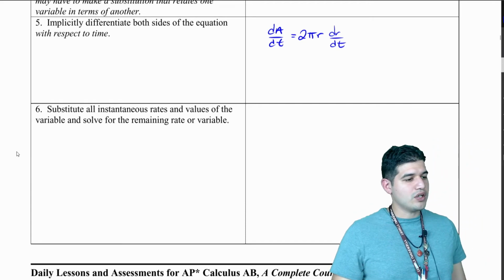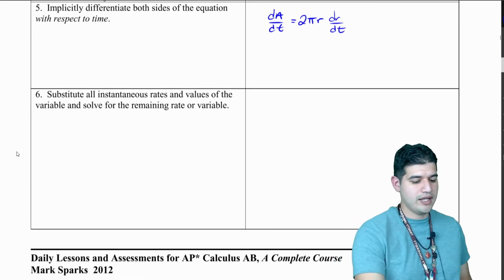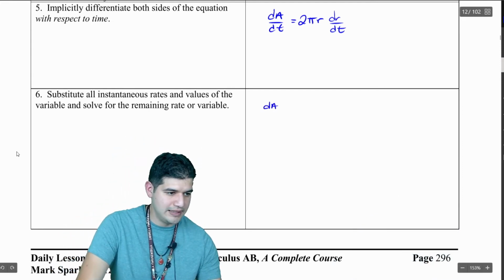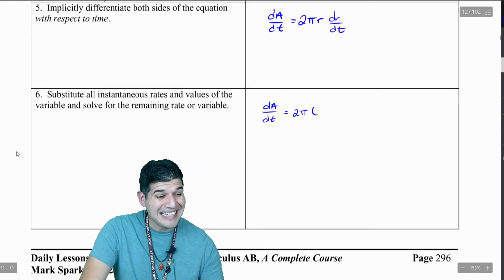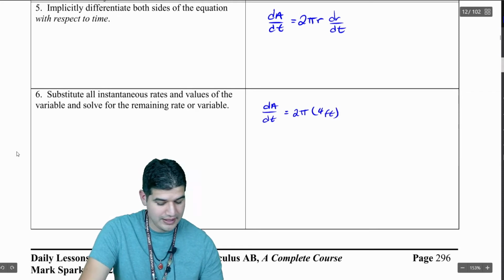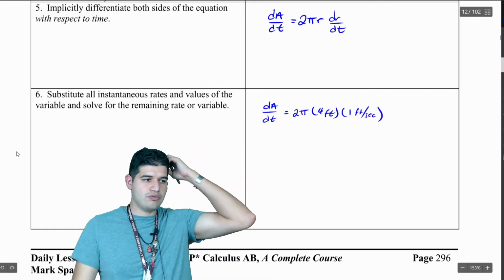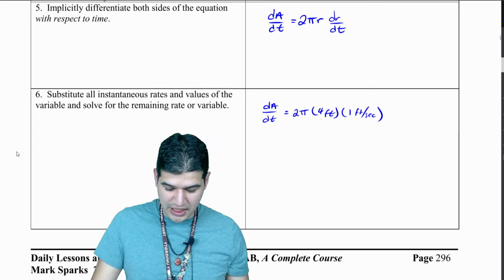So now it all comes down to substituting in for those variables. We don't know dA dt, but we do know 2 pi, and the radius is 4 feet. Again, putting those units in there, and now I have 1 foot per second as the rate at which the radius is changing, okay?